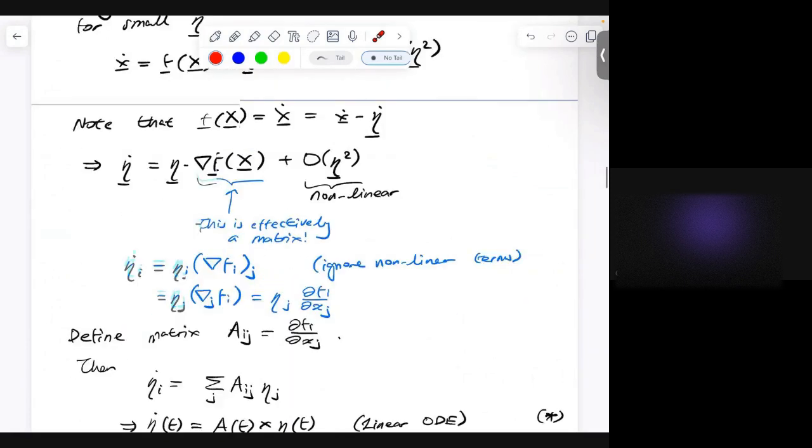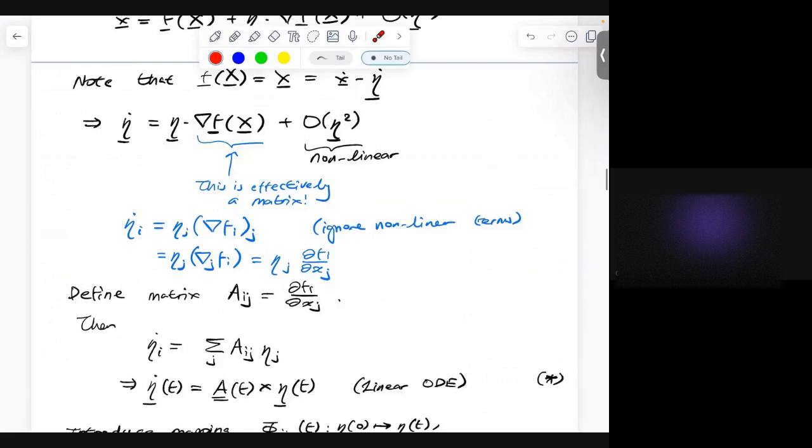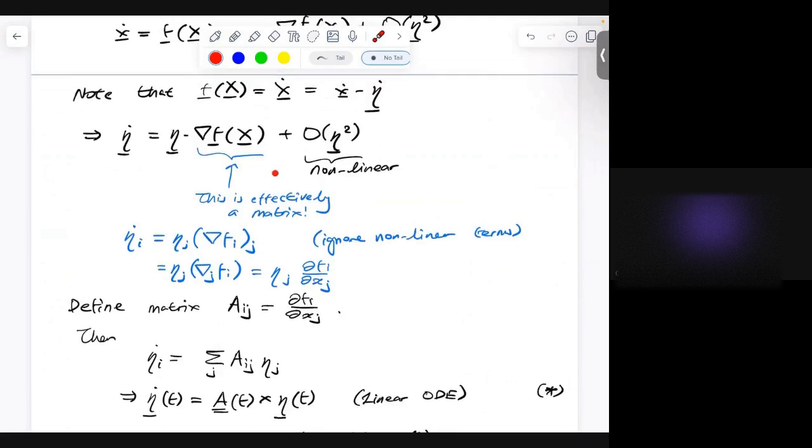Again, I'll skim through this quite quickly. We expand it to the first linear term, and we neglect nonlinear terms. And we notice that what we have here, although it's written as a dot product, is actually matrix multiplication, because grad of f here is going to be a matrix.